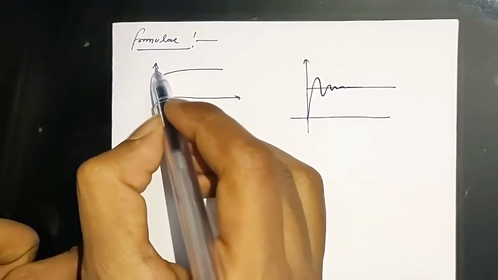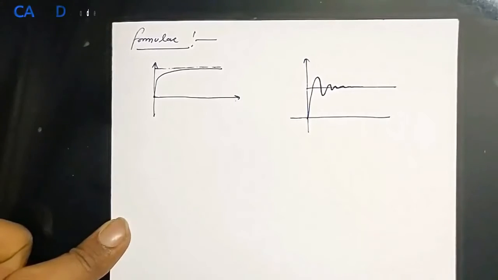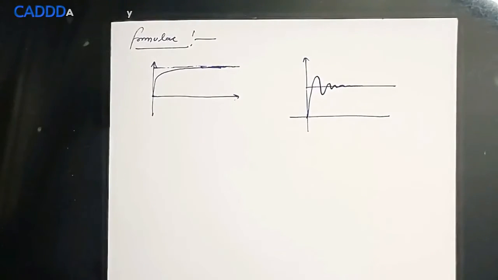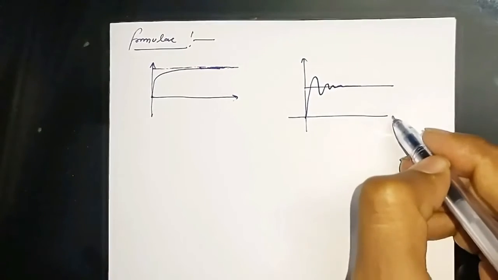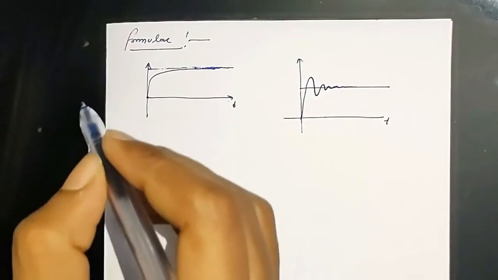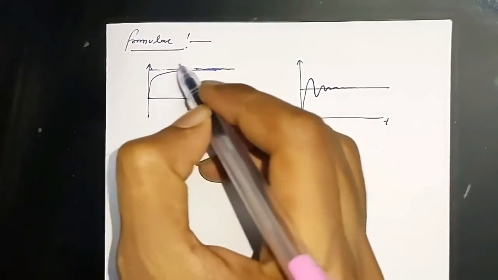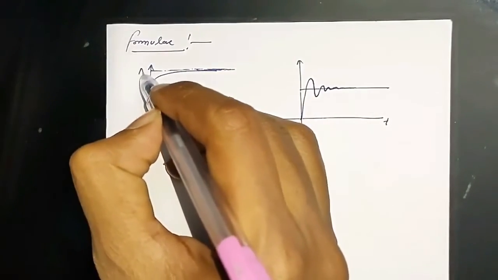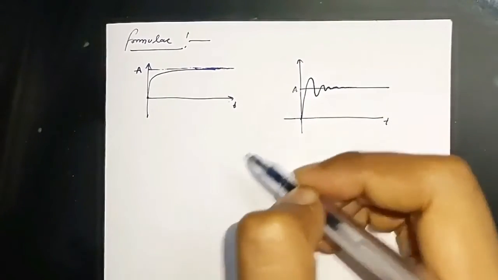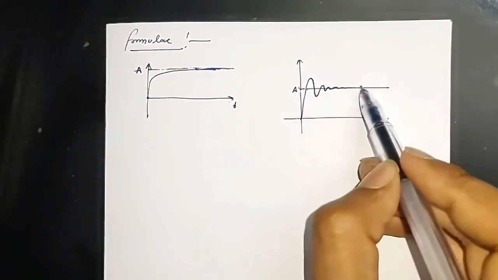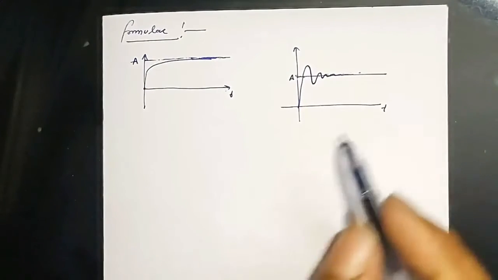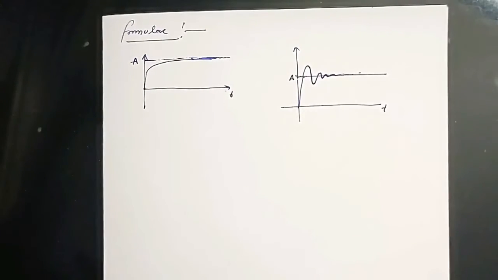So these two are the responses, and these two are the systems with whose help we are going to understand the formulas. This is the amplitude A, which is the steady state amplitude, and this is also A, the steady state amplitude here. Now these two are the time axes.